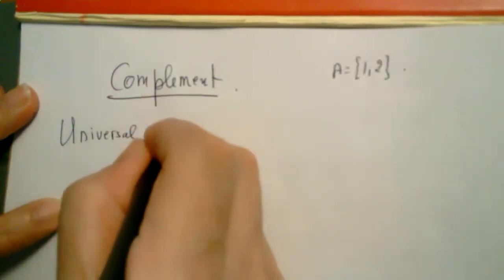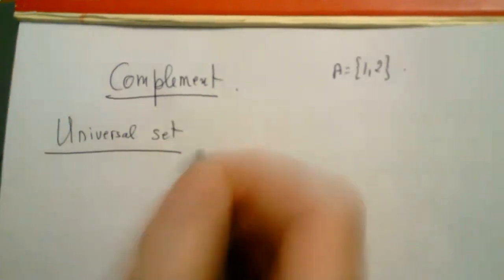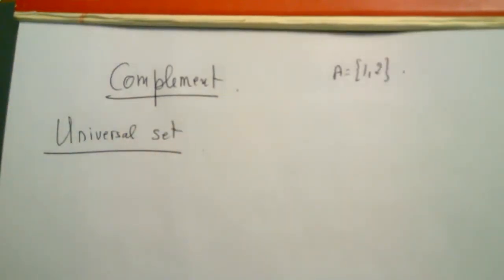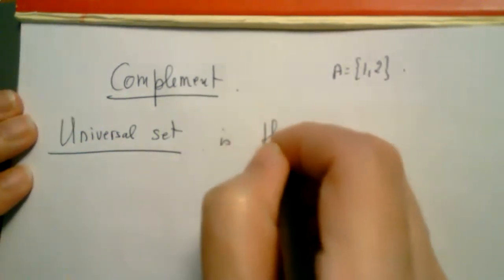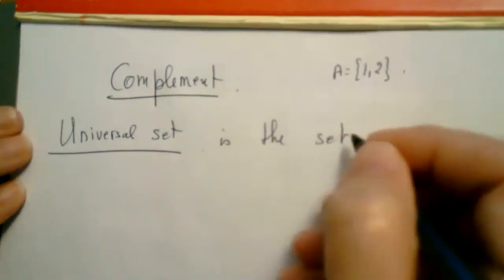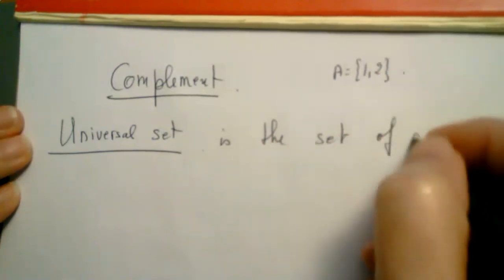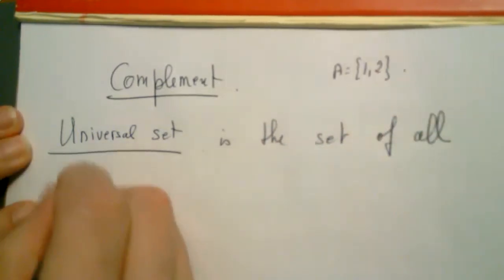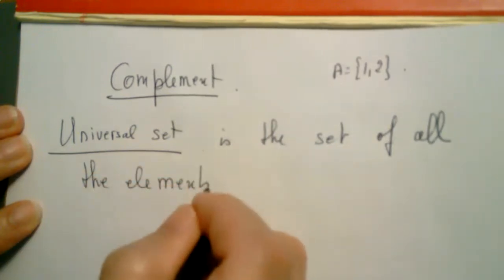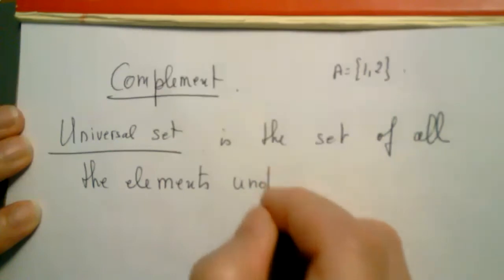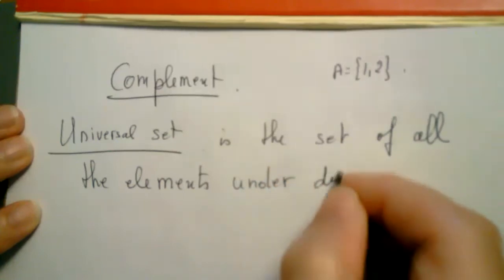So, universal set. The universal set is usually a set that's given to us. It is basically the set of all the elements under discussion. It means, what is my universe under discussion.